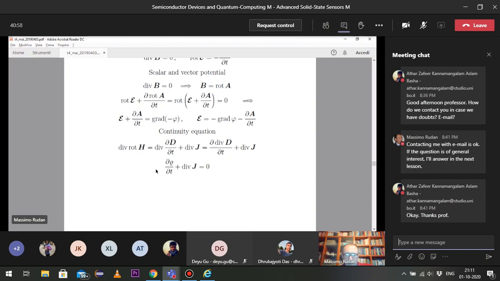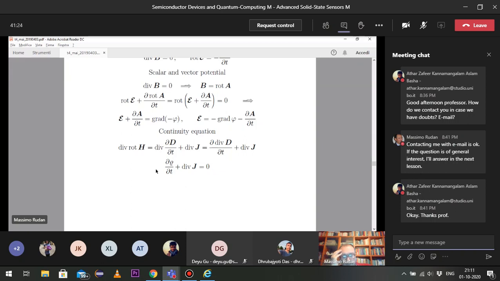At this point, you bring all terms containing n to the right. So this general expression of the continuity equation becomes an equality that reads, on the left-hand side, you have the time derivative of Qp plus the divergence of Jp.